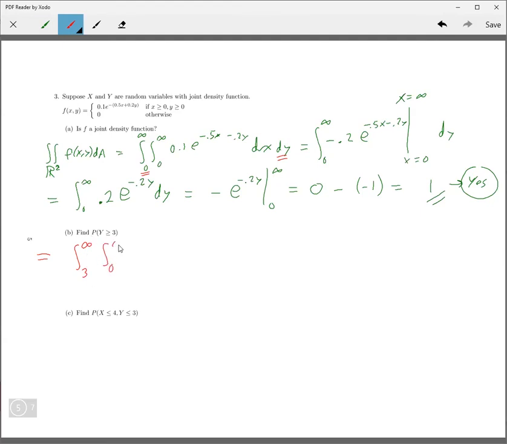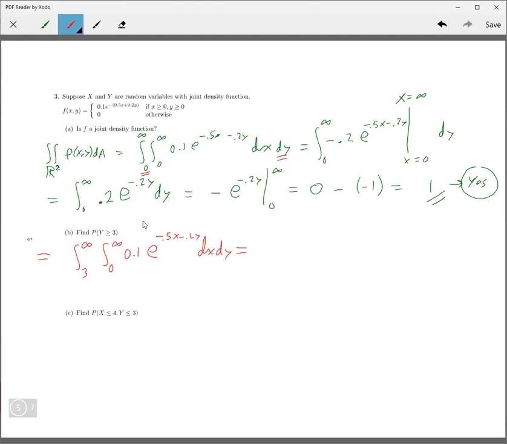X is still going to go from 0 to infinity, so this part right here is going to play out the same.